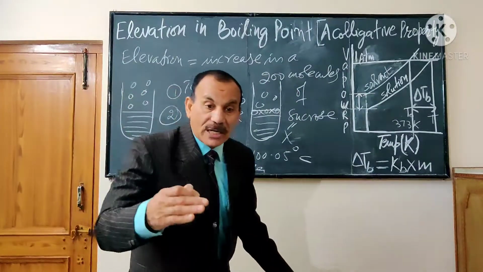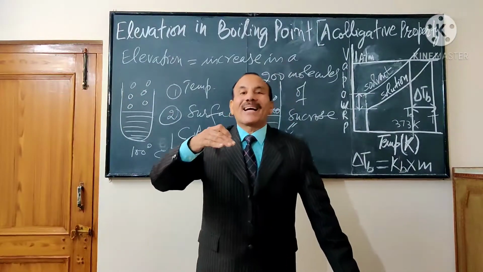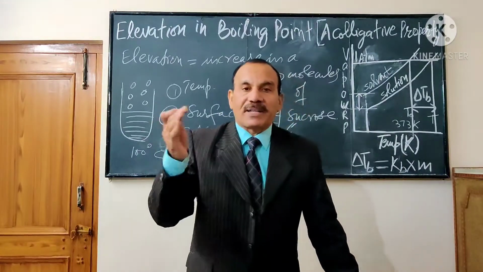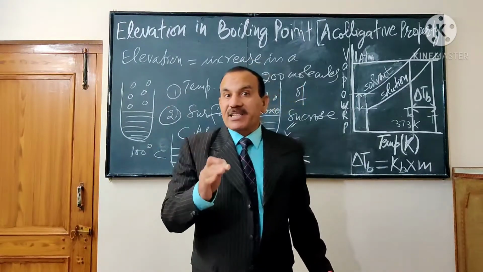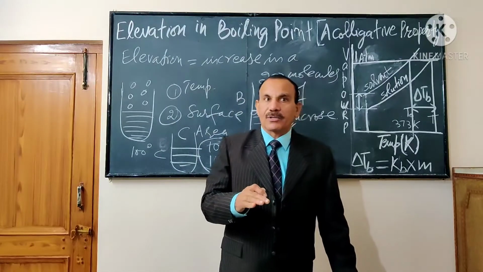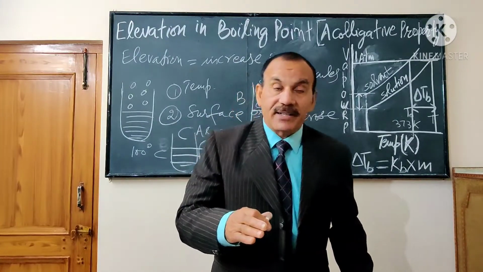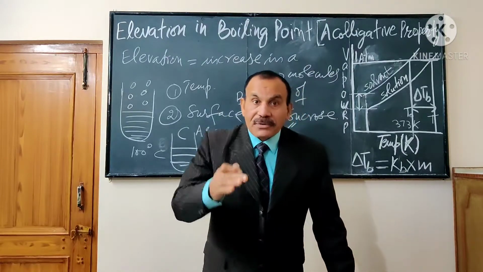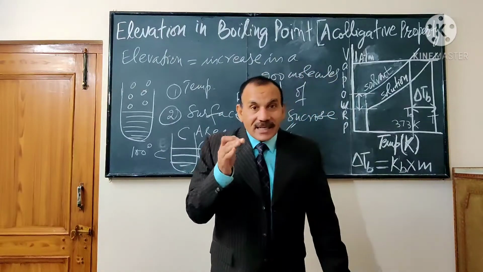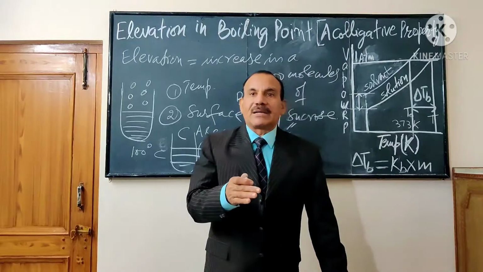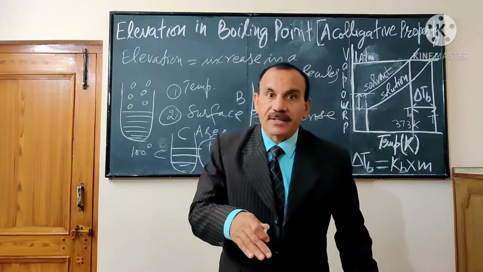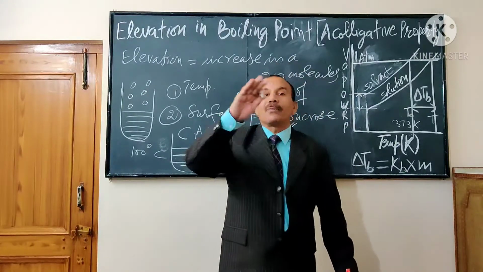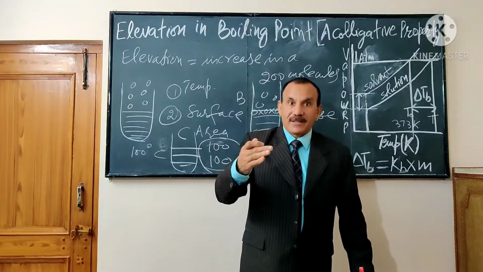The increase in boiling point is a collective behavior of particles in the solution, and the particles may be ions, atoms or molecules. It is not decided by the nature of particles, it is governed by the number of particles, and the particles may be of any substance.